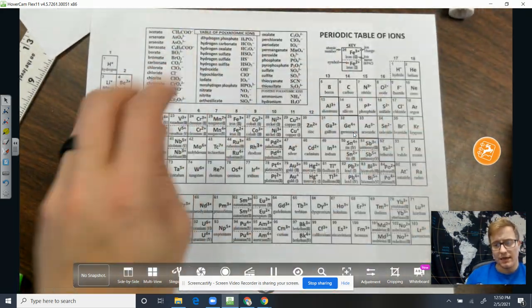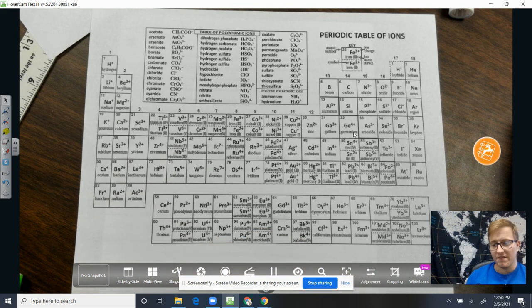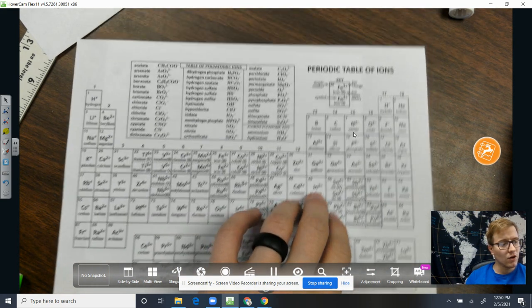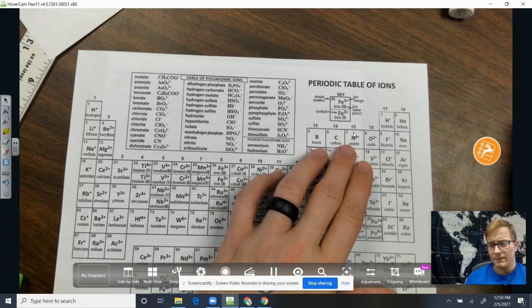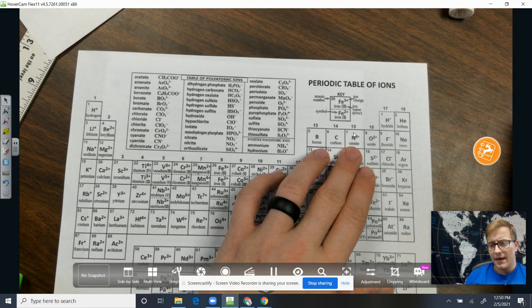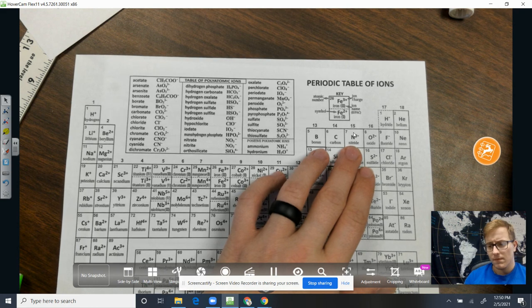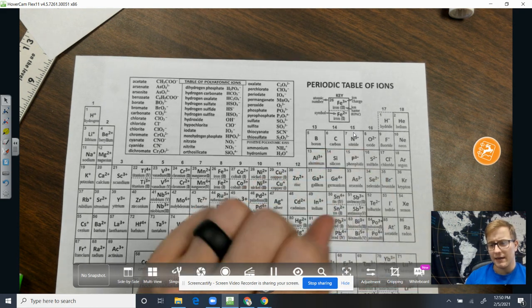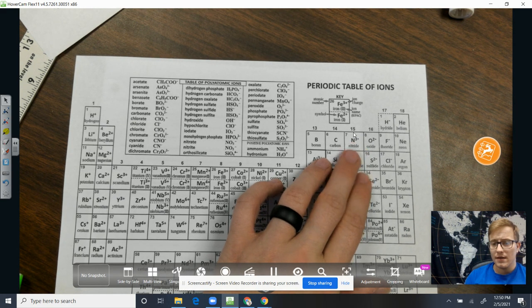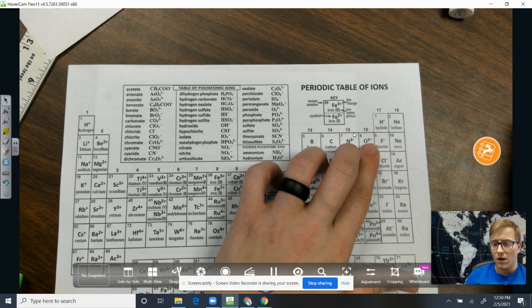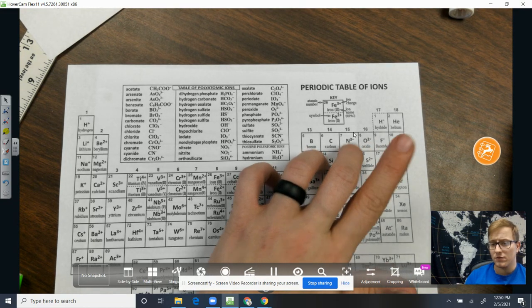Now, this periodic table has given you something very useful. It's already named your anions. What you'll notice is this periodic table has changed your names to have an "ide" at the end. Nitride is not the name of this element. It's the name of the anion. N is nitrogen. O is oxygen. F is fluorine.